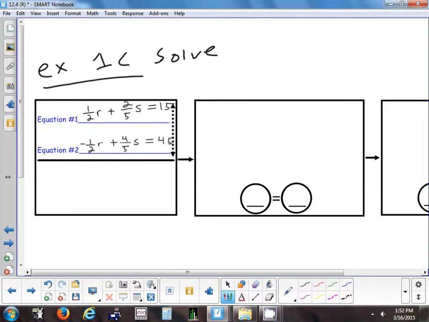Anybody see the same number? No. Same letter? R. Opposite signs? Negative 1/2 r, positive 1/2 r. What's going to happen when we add those up? Those are going to cancel out.